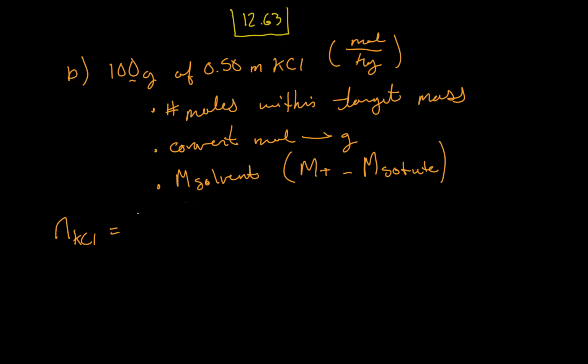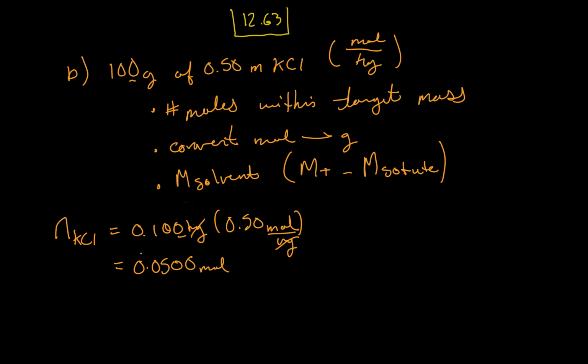So this is going to be 0.1 kilograms, with confidence in 3 figures, times 0.50 moles per kilogram. Cancel our kilograms to get moles, and we get the same amount of moles as last time.